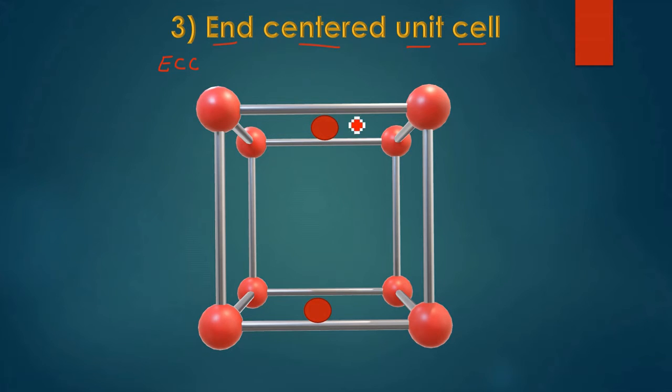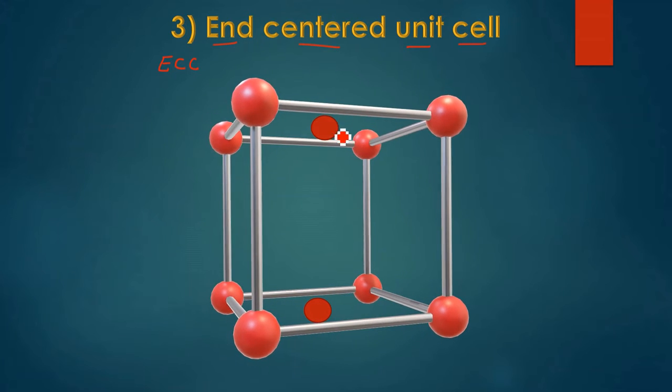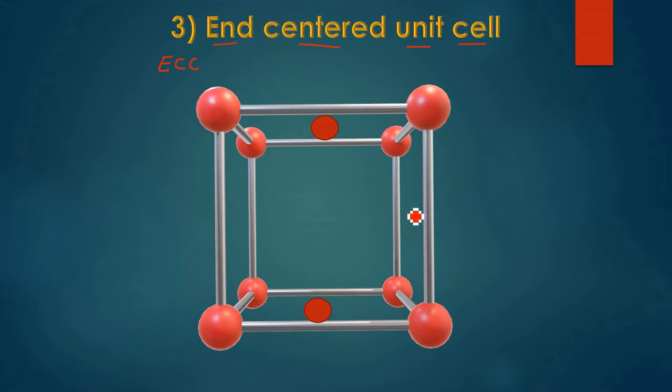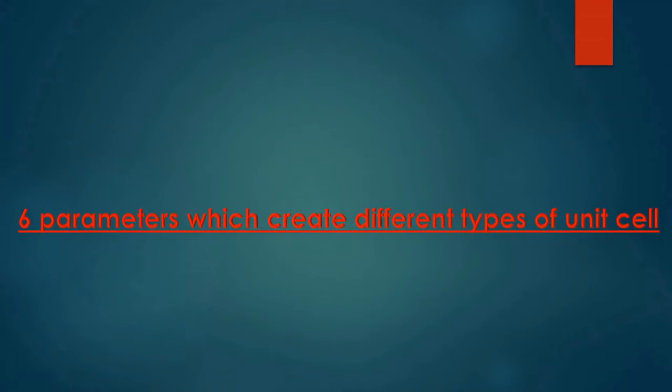See, I have shown two positions here, top and bottom. It may happen they can be at left and right positions, but they will only be present at any two opposite faces only, not in all faces, whereas in FCC all the faces are occupied.